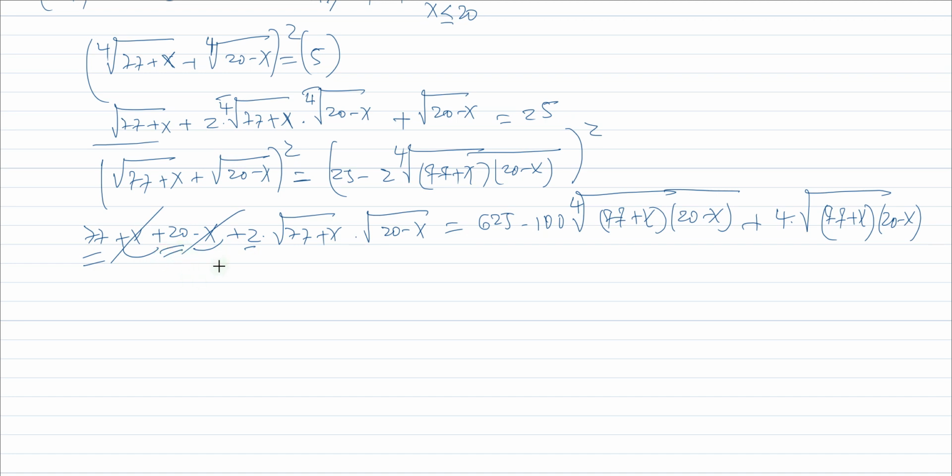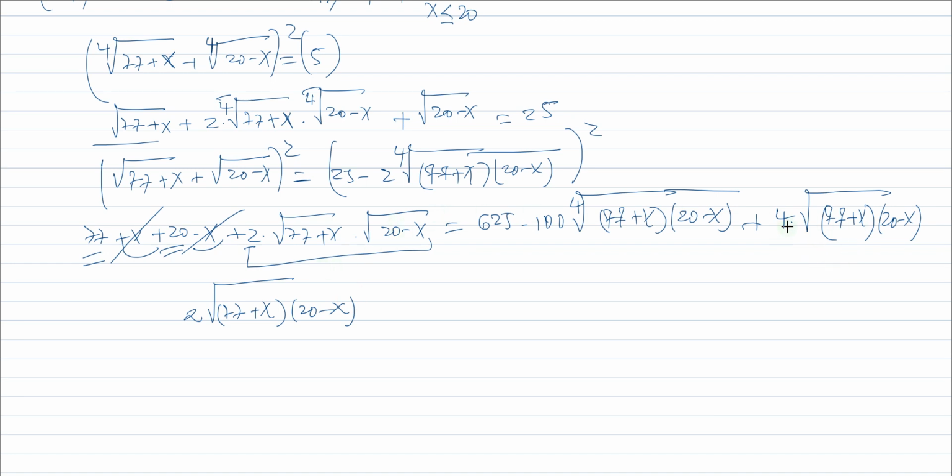And let's begin from here. This one is 2 and we have 4 here. 4 minus 2, because this one will go there negative, so we're going to have 2 square root of 77 plus x, 20 minus x.